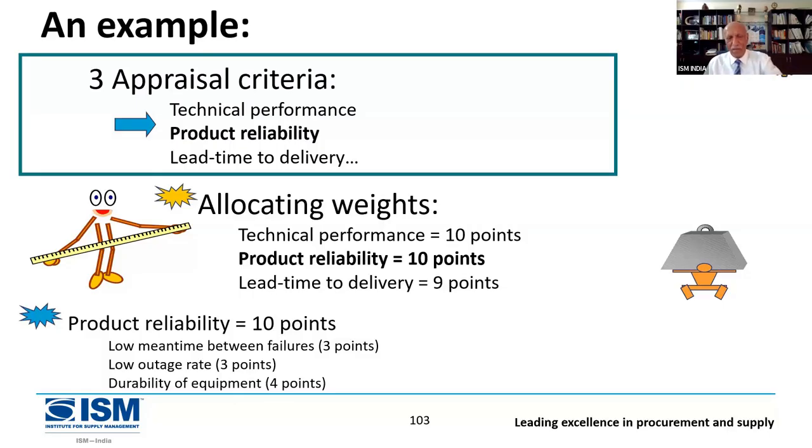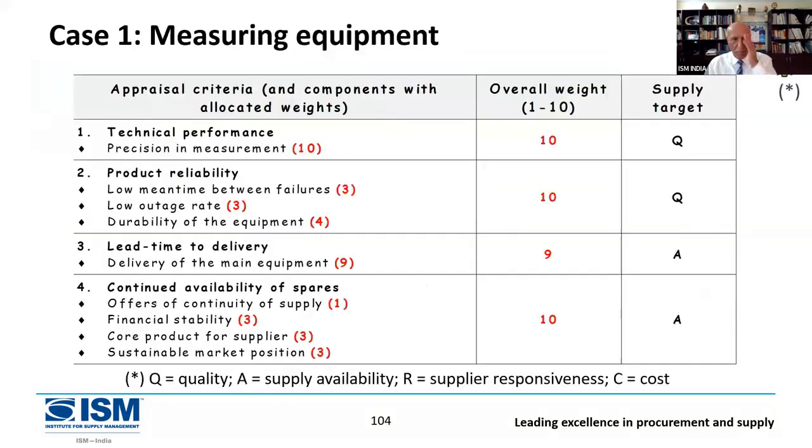So within product reliability, I'm showing failure rate, 3 points, low outage rate, 3 points. Again, durability of equipment. So the same thing we have put down now in the case of evaluation: technical performance, product reliability, lead time to delivery, continued availability.